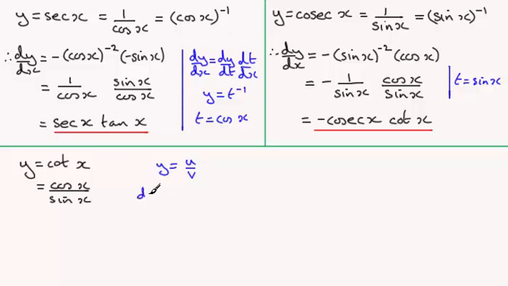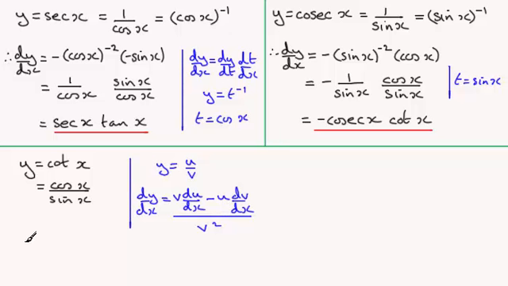Remember the quotient rule was dy by dx equals the bottom of the fraction, v, multiplied by the differential of the top of the fraction, du by dx, then minus u times dv by dx, all divided by v squared. So it's that I'm going to use here.